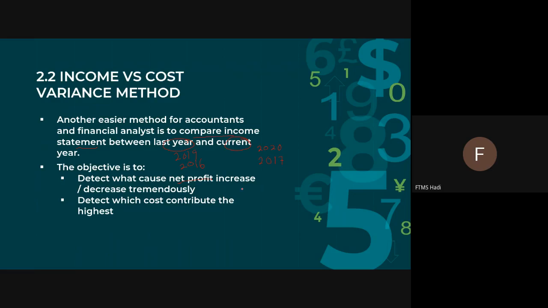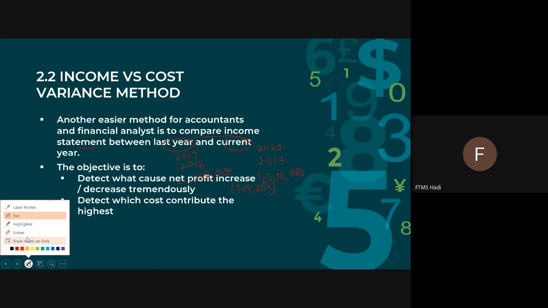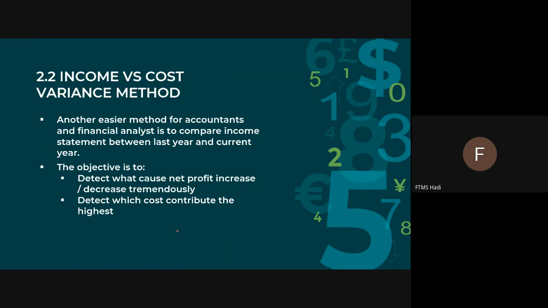Let's say 2020 is 1 million and last year was 100,000, so the difference is 900,000. We want to see why it happened, why those huge amounts lead to a huge margin.